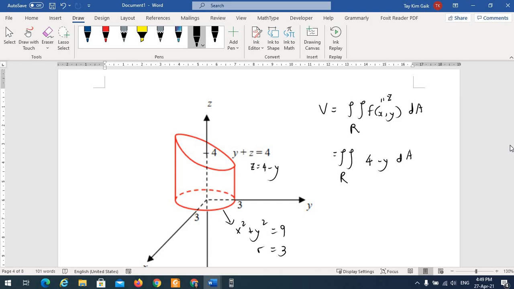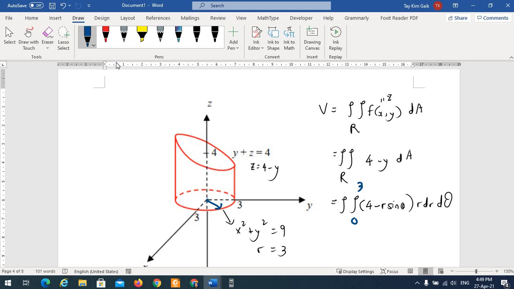In a circular region, we use polar coordinates. Then y is r sin theta, and dA is r dr d theta. The limit of r is from the origin up to here, which is 0 up to 3.